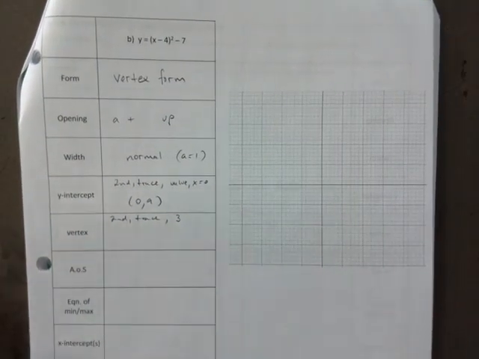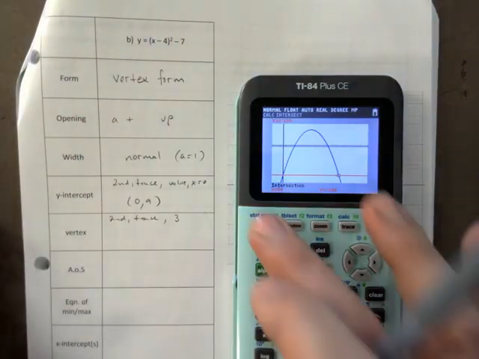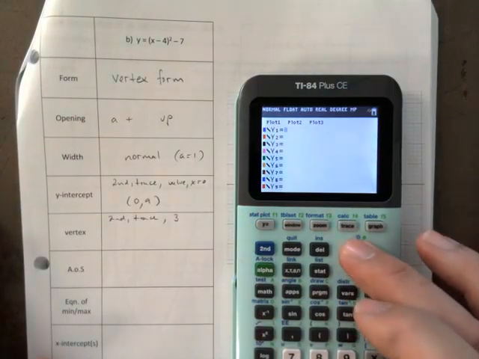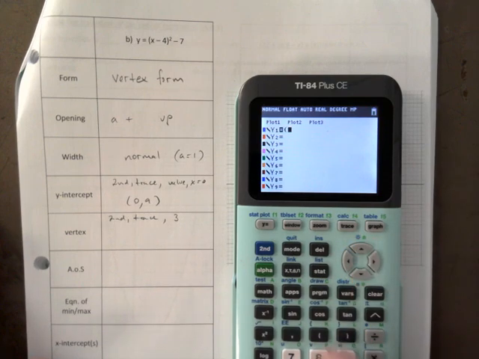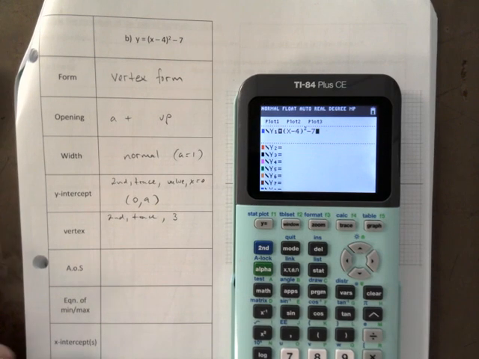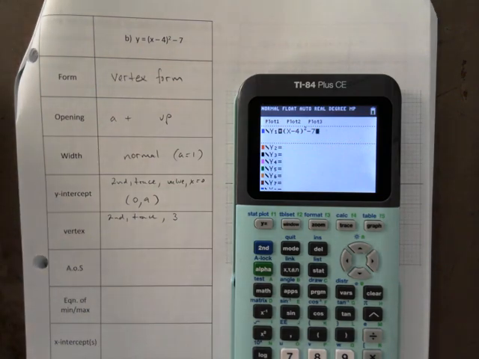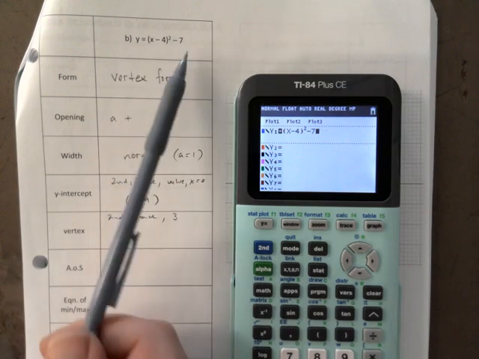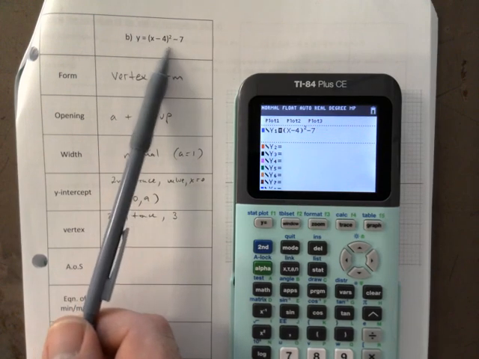Page 10. I did post the key way later, but we're going to redo this, okay? So follow me. I'm going to enter that x minus 4, just in case I need to show you a trick or two. X minus 4 squared minus 7. You notice that this is not in general form.